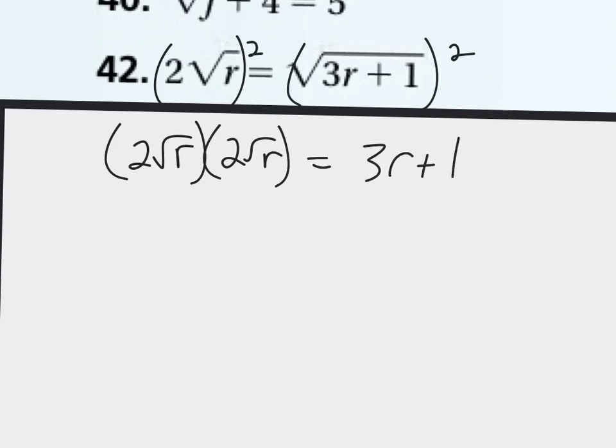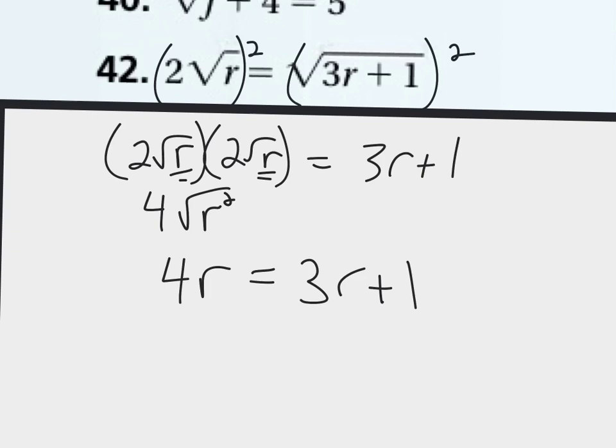But on the left side, this would be 4 times square root of r squared, if you want. And then that's going to be 4r. And if you can get to that without going through those steps I just did, that's fine. Just want to make sure I didn't lose anybody.